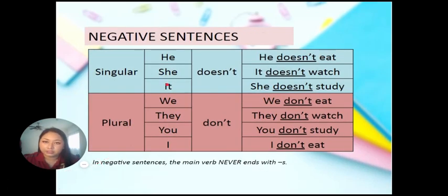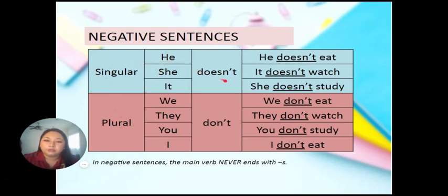The next one is negative sentences. Okay, like we learned before, when we see negative sentences, it has the word not. Okay, so same thing, a bit similar with affirmative, except the word not. Okay, singular, plural.